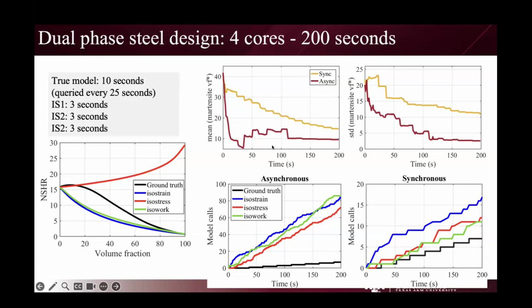What we are plotting is the optimal design parameter, the microstructure feature that optimizes the property of the material. We arrive at this optimal feature much faster than with synchronous optimization, and the standard deviation is also much smaller. We can also see that different sources are queried a lot more than when we do synchronous BO, right?